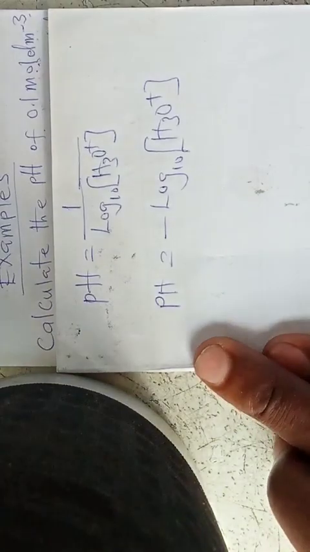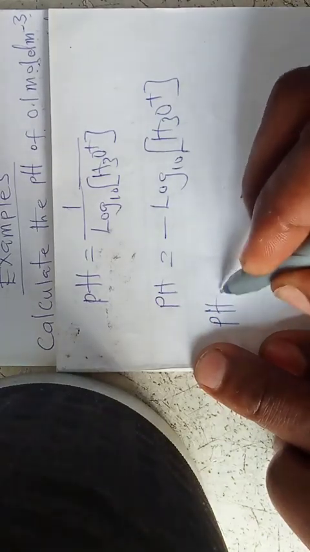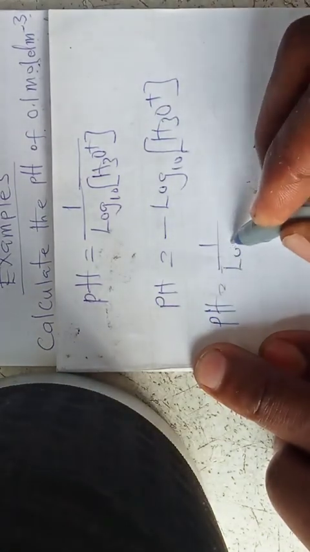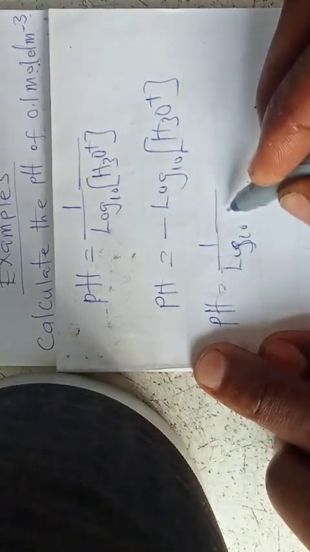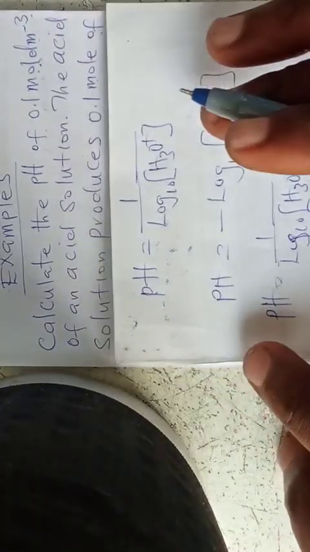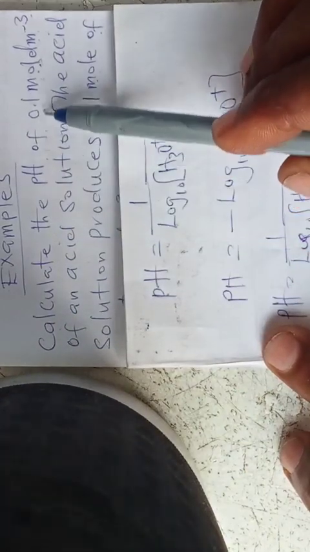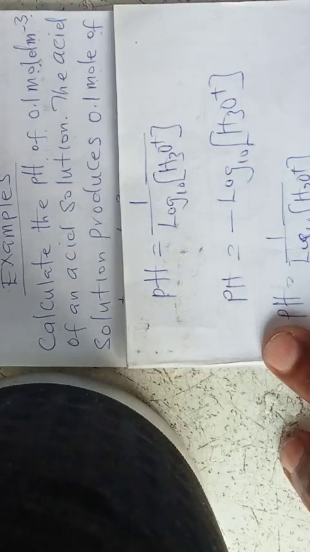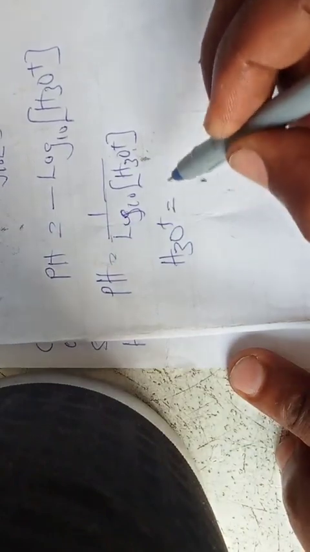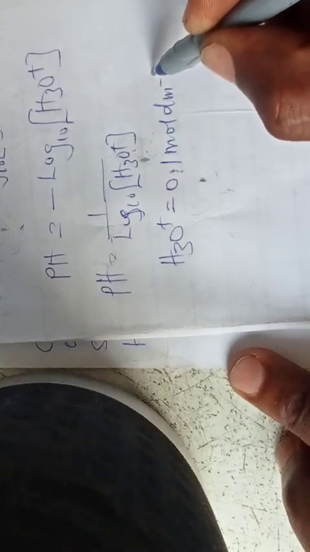From our formula, the pH value is given as pH equals 1 over log 10 of the hydronium ion concentration. From the question given, the hydrogen ion is 0.1 mole per dm cube.